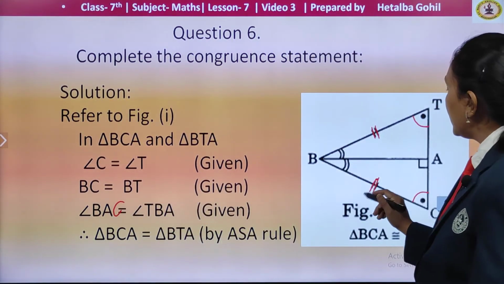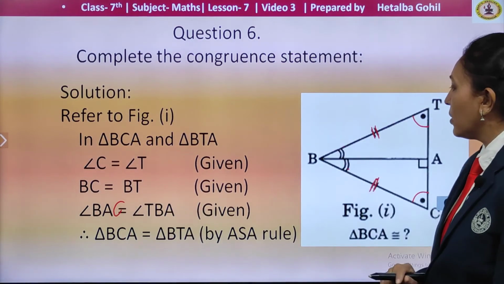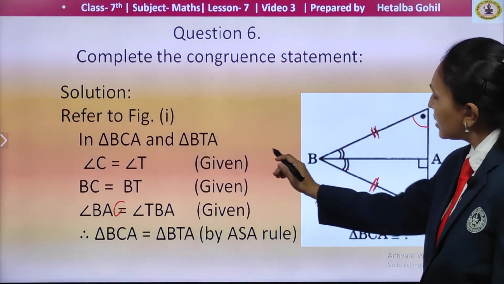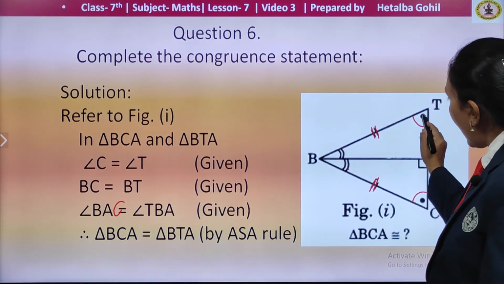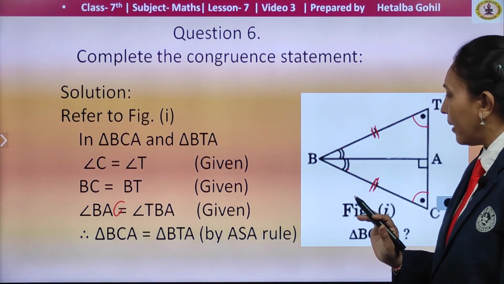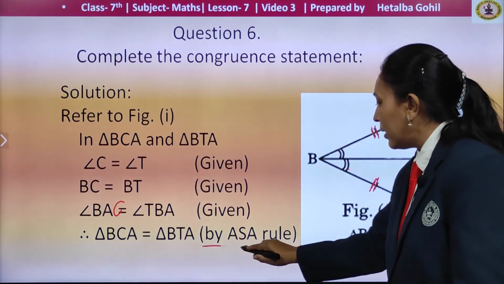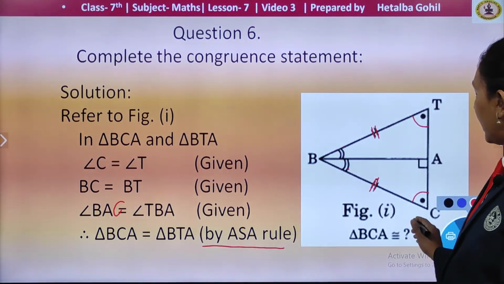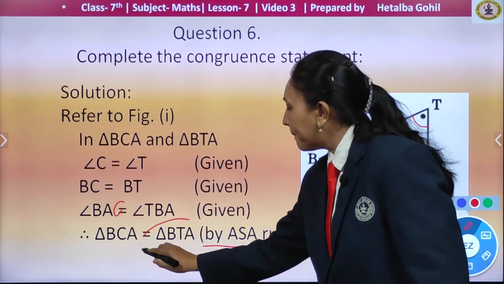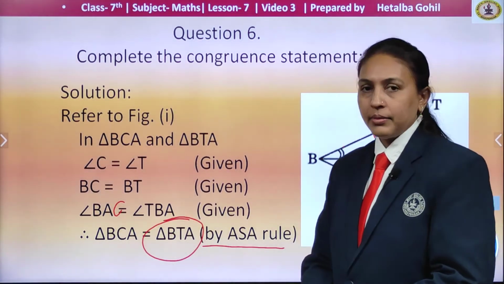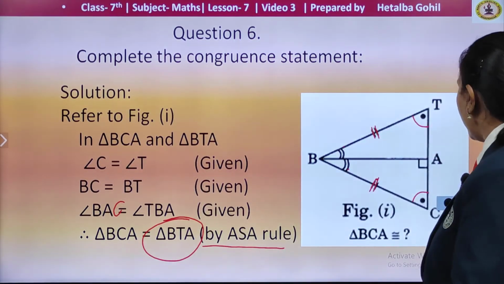Okay. That means here the two angles are also equal. That means everything is given to us in the question. So, now you can see angle, side and angle, that is ASA rule. That means what is the name of the triangle that will correspond to triangle BCA? Triangle BTA. That is our answer over here.